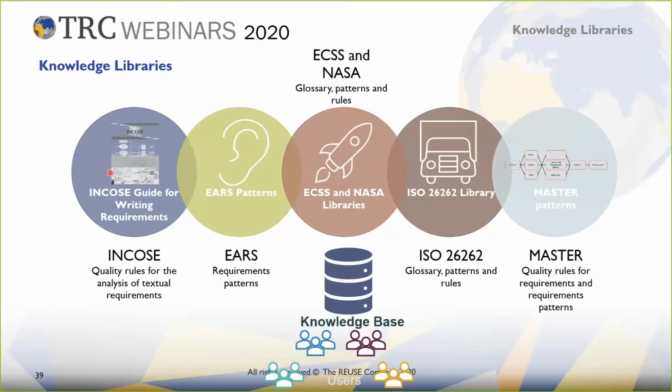We had a webinar on this topic two webinars ago, so if you are interested, you can see it on the web. We have the EAR patterns library, the ECSS library, and the NASA one, as you have seen now. Some ISO for automation, and for instance another for master patterns, which is a standard for templates. The NASA library we are working with today will be available in some days or weeks on our web.